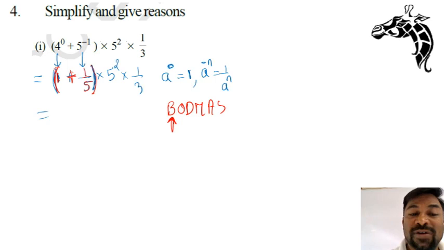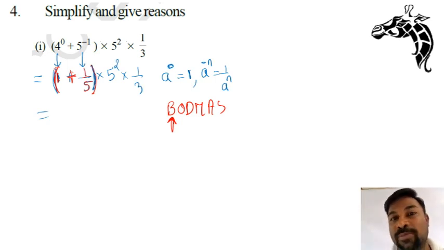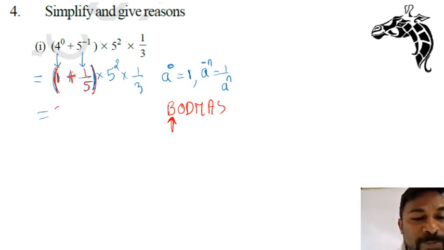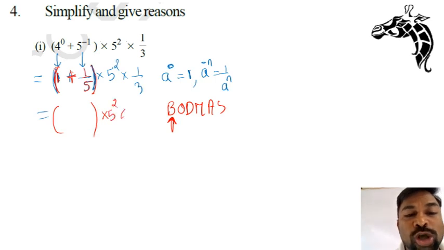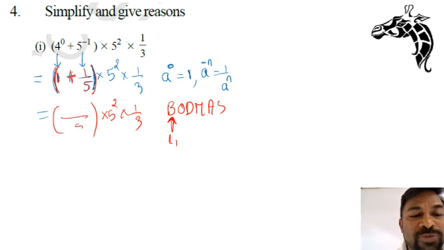I repeat, whenever we are having a numerator and denominator and we are supposed to add or subtract, we have to take the LCM. That is what we are doing here. In the parenthesis, as the BODMAS rule says, we have to solve inside the bracket first. So I am taking the LCM, right?